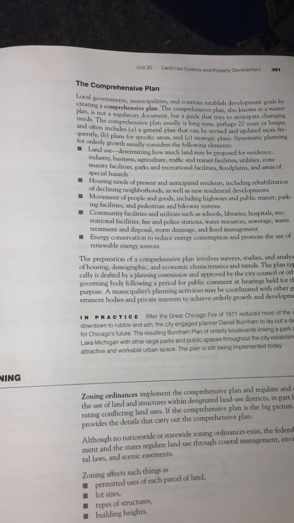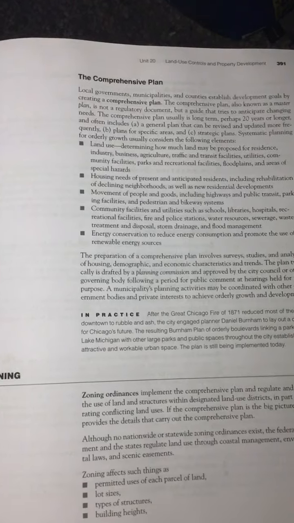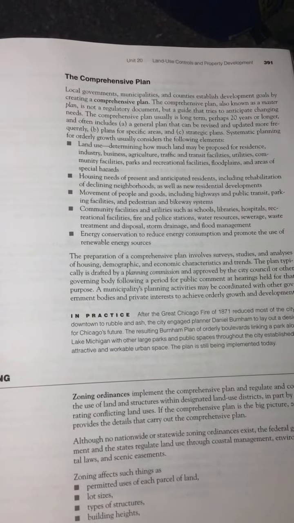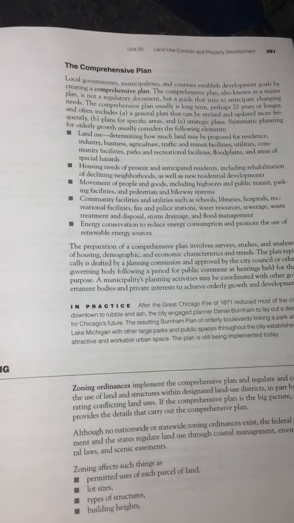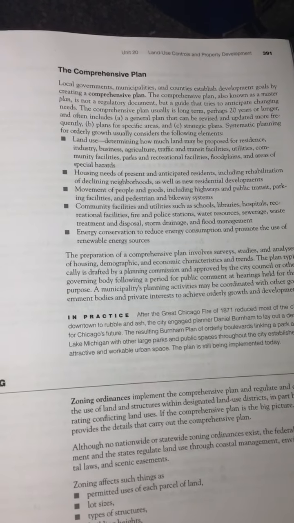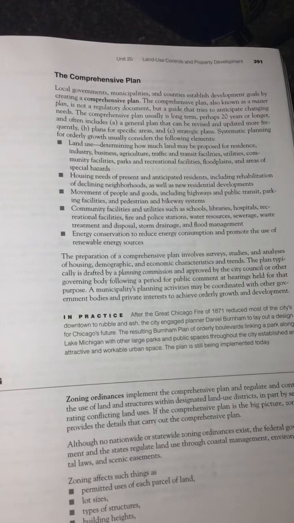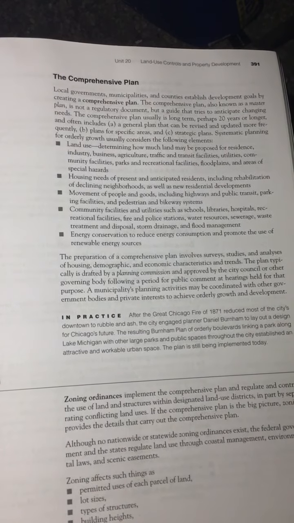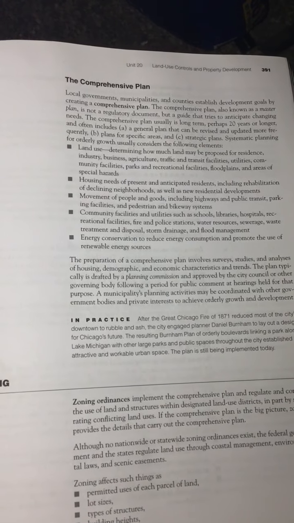Systematic planning for orderly growth usually considers the following elements. Land use. Determining how much land may be proposed for residence, industry, business, agriculture, traffic and transit facilities, utilities, community facilities, parks and recreational facilities, floodplains, and areas of special hazards.